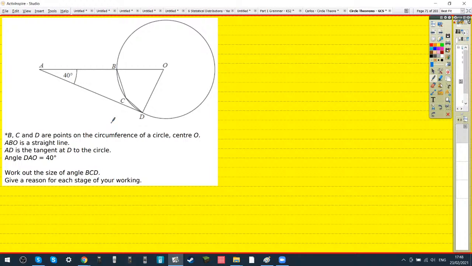So are there any angles you can find? Or any angles you know? D is a right angle. Yep. So that's a right angle.